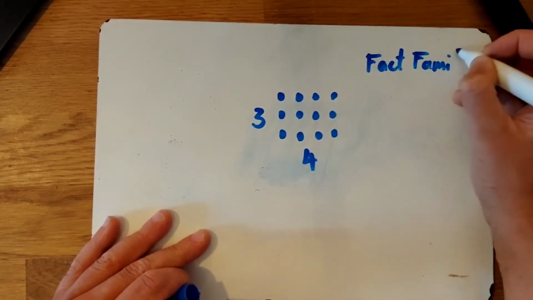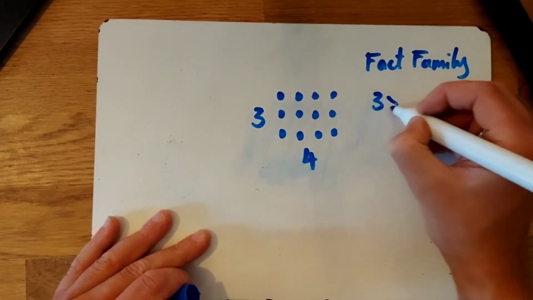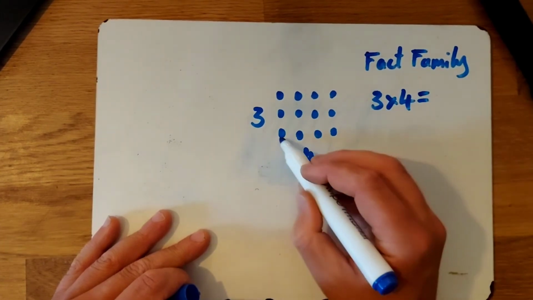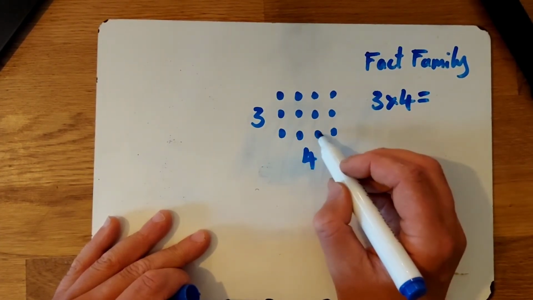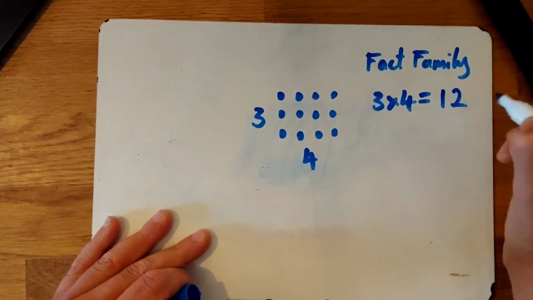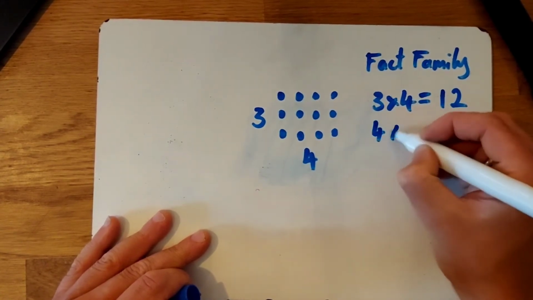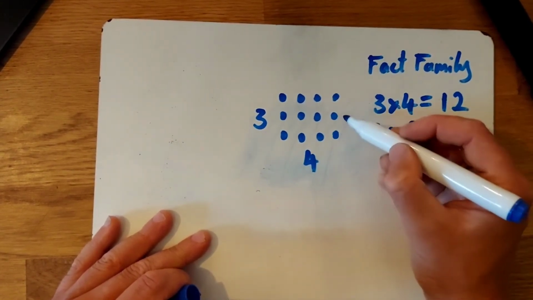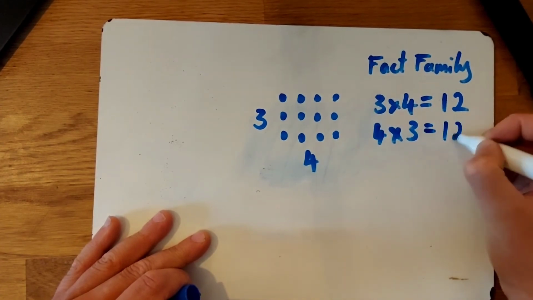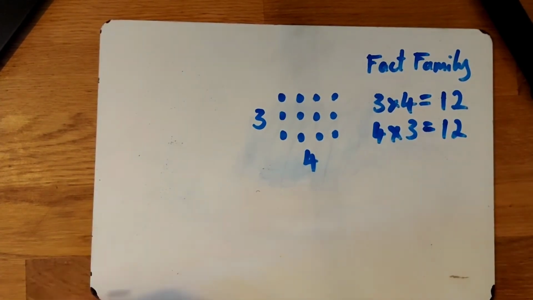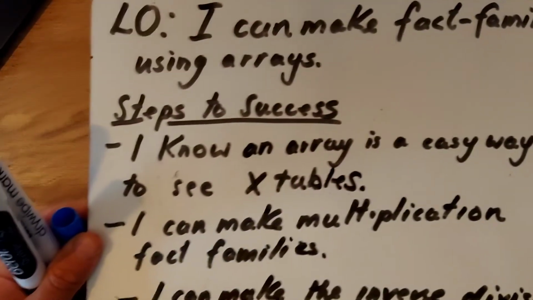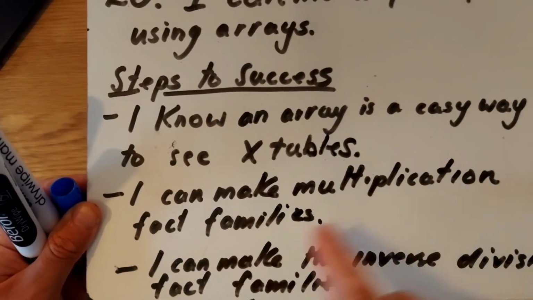So the fact family for this array would be 3 times 4, and then if I went 3, 6, 9, 12, and then I would go 4 times 3, 4, 8, 12, like that. So there, remember the second step, I can make the multiplication fact family.